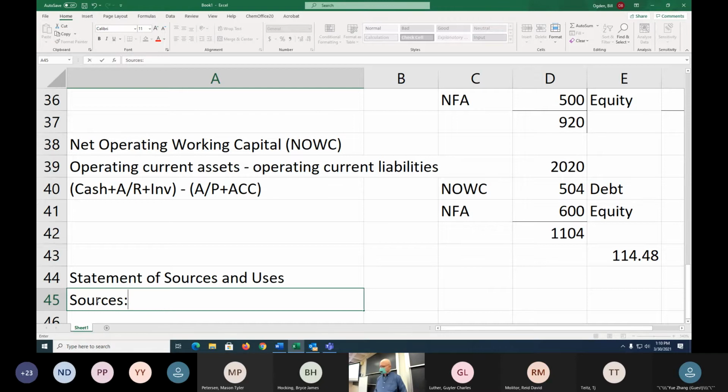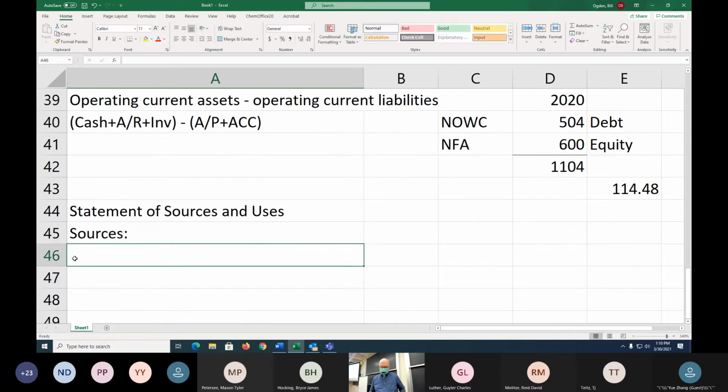Years ago, the statement of sources and uses was part of the financial statements where we now find the statement of cash flows. So it was done on an accrual basis before, now it's done on a cash basis.